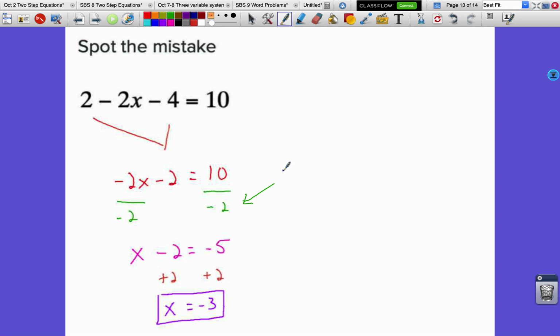So we should have moved the constant first. Or we could just make sure to divide every single term by negative 2 and you'd still get the right answer. All right, go ahead and finish solving this one.